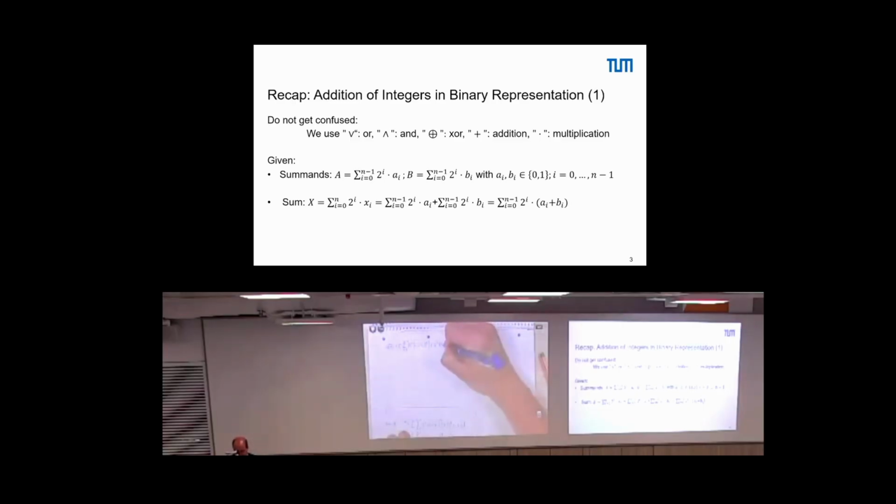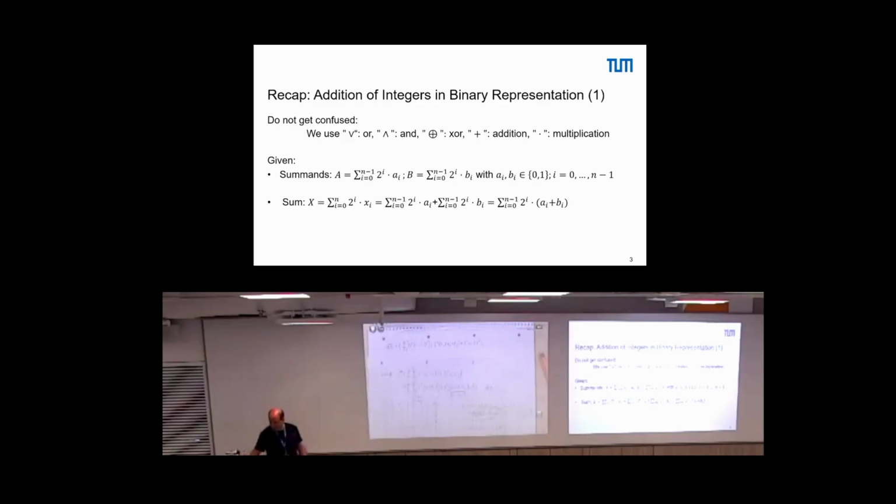Then we have here A2 plus B2 plus just from here this CI, so it's C1 plus 2 to the power of 1 times S1 plus 2 to the power of 0 S0. Yeah? Just rewritten what we had before, now replacing the term A1 plus B1 by 2 to the power of 1 C1 plus 2 to the power of 1 S1.